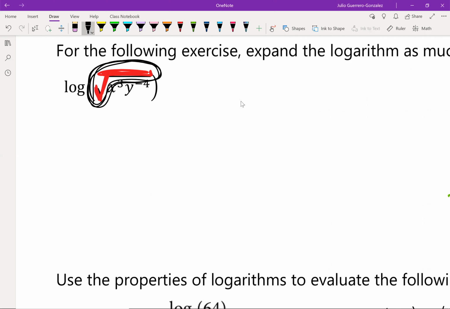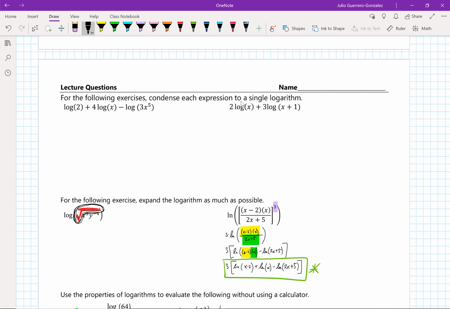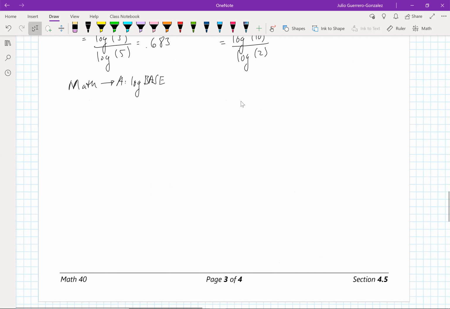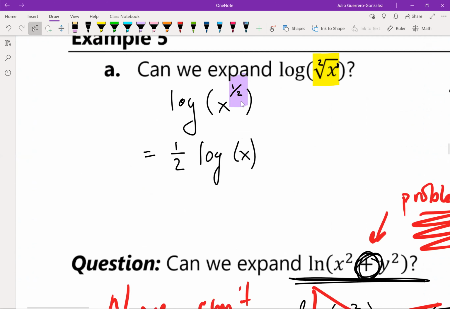Okay, yeah, what does the square root become? A square. Not a square. So remember what happened to this one. Let me scroll back up. See what happened here with the square root?